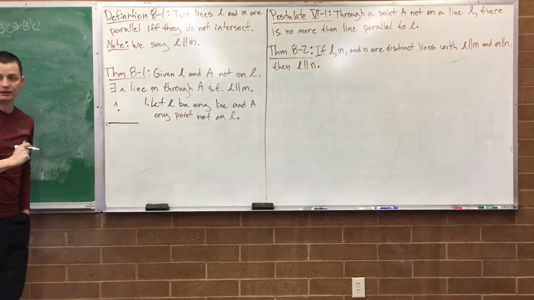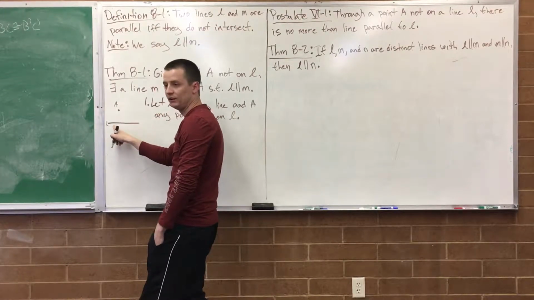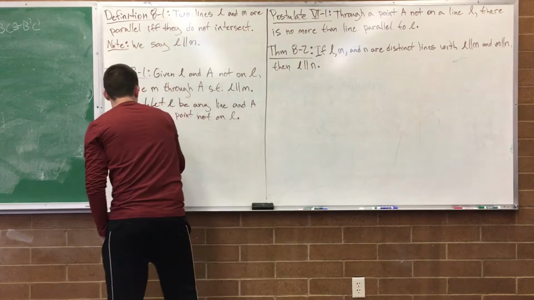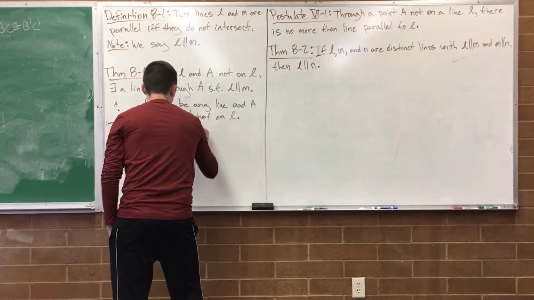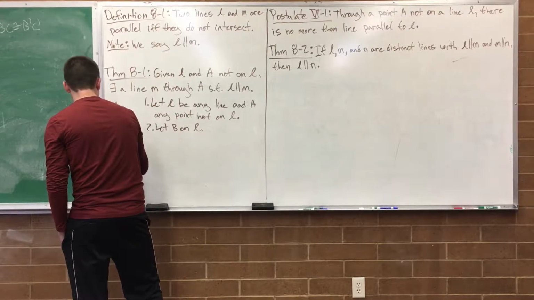Okay? So that's how we started out. 2, we're going to pick some random point on this line, call it B, and then we're going to draw the line AB. Let B be on L. So we pick some point B on L. There it is.